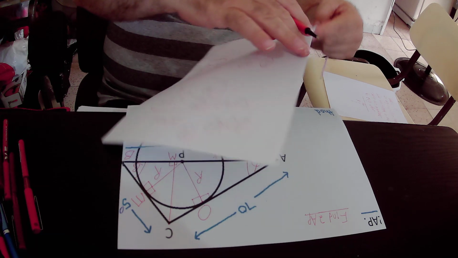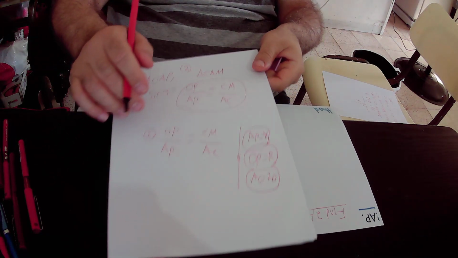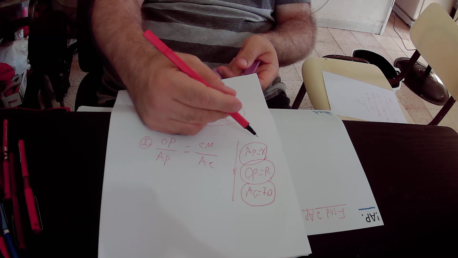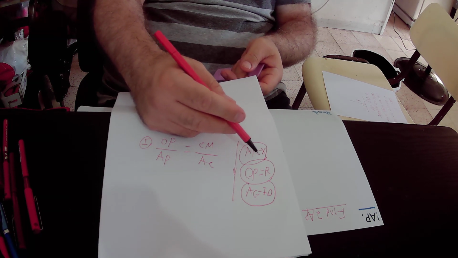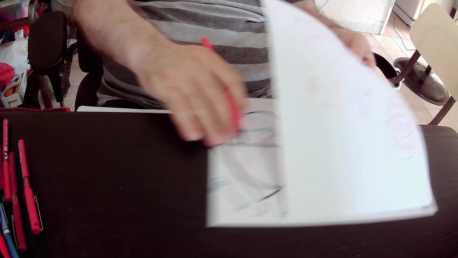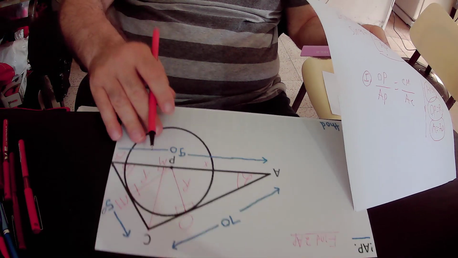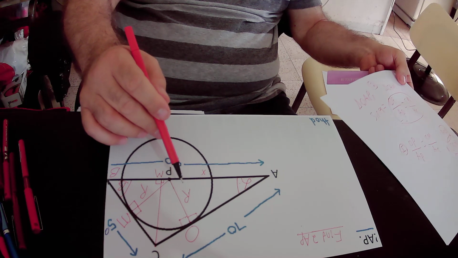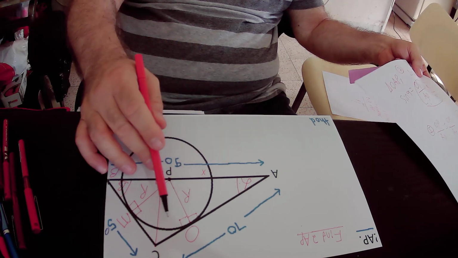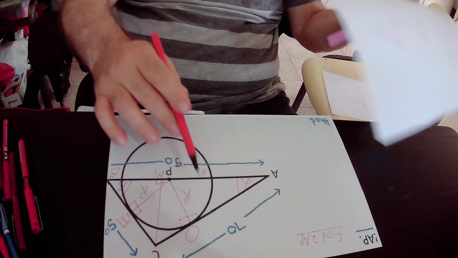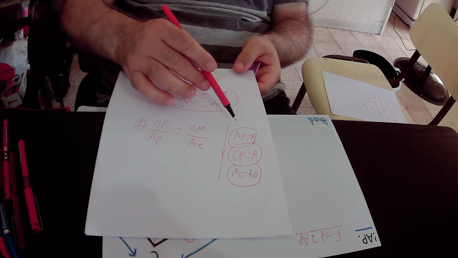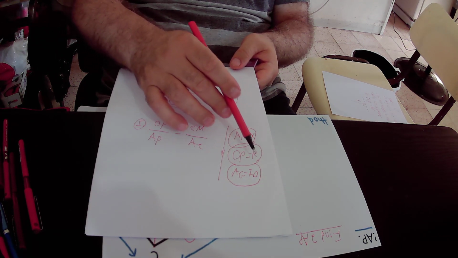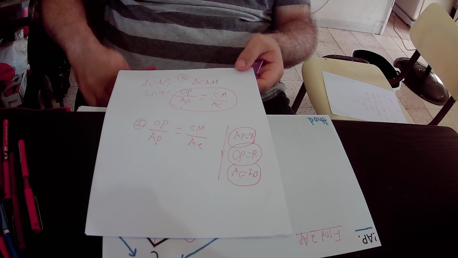Again, we defined AP as X, OP is the radius of the circle, R, and AC equals 70 units.